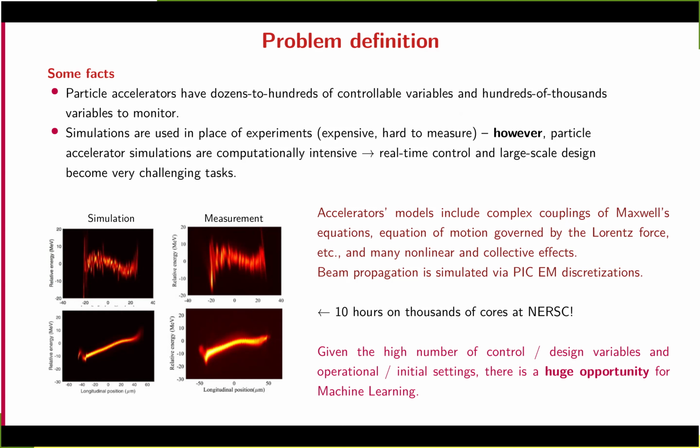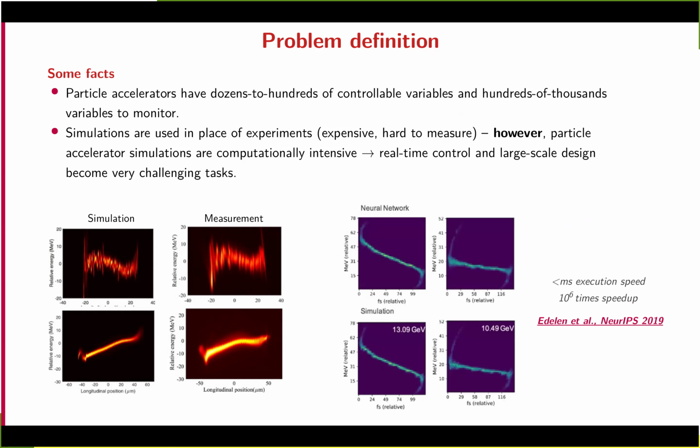And so clearly, given the richness of the parameter space and the very high simulation cost, this is a huge opportunity for machine learning to be impactful. There has been prior work in this direction, and the PI at SLAC has conducted some work, obtaining very impressive speedups.